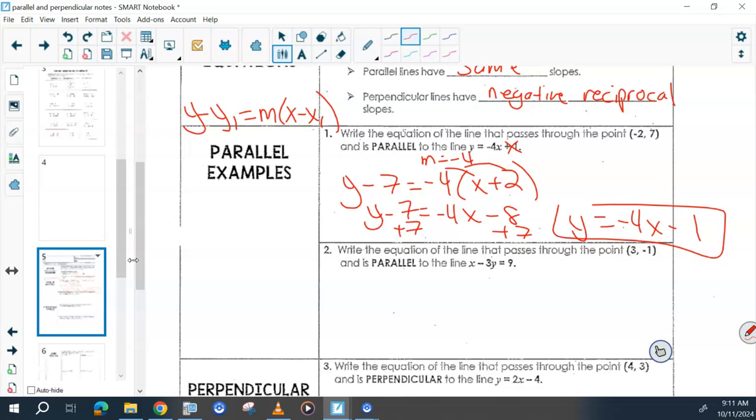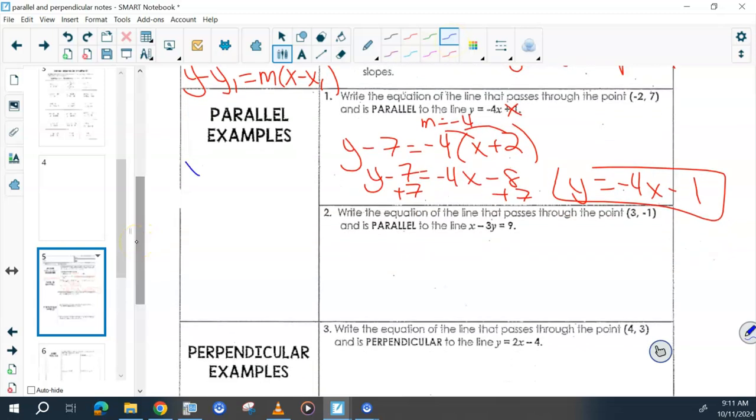The next one is similar, but also different, because this is in standard form. So I have to solve that first, and do that over here. I have to get y by itself first by doing what? Subtracting x. There we go.